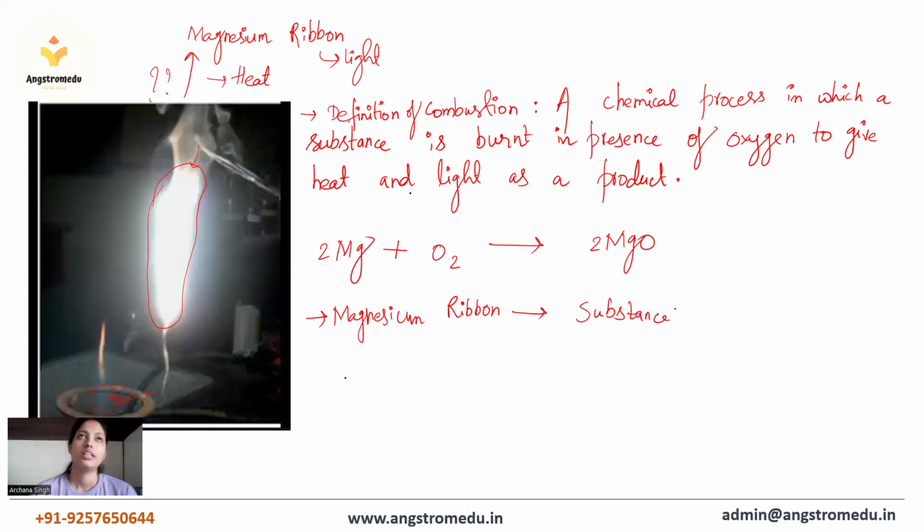If I take a candle, that is also a substance. Basically, whatever we are taking, let's consider that a substance. If I'm taking this pen, this is also a substance. But let's take two prominent examples: magnesium ribbon as one, and another example, iron nail.